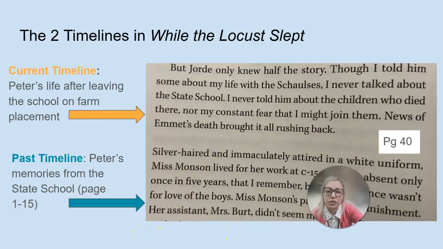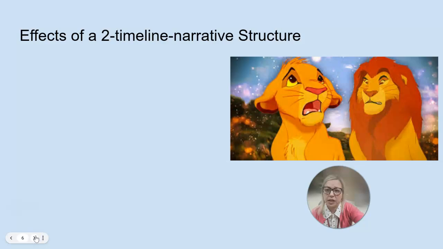And we hear about C-15, which he lived at from when he was a little child, like up till about age 10 or so. So we know that this is happening a long time before. And the book switches back and forth, sometimes really without us having much warning. And so we have to be prepared for that in While the Locust Slept.